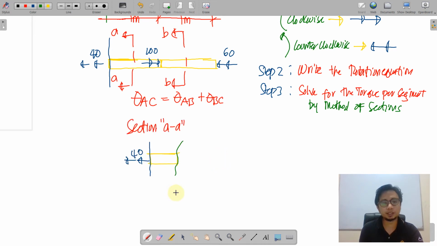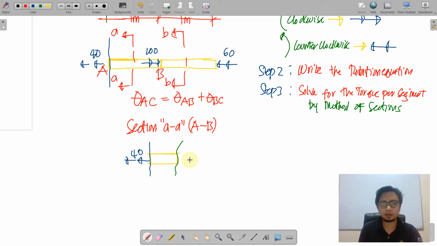We have this as our cut section. And then from our previous solutions regarding the method of sections, we always assume the direction for the torque or the force along this segment. And this segment is actually segment AB, so the torque here would be the torque in segment AB.